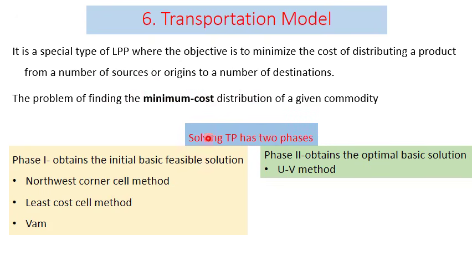There are two phases when we calculate the minimum cost using the transportation model. Phase 1 obtains the initial basic feasible solution using the northwest corner cell method, least cost cell method, or VAM method.